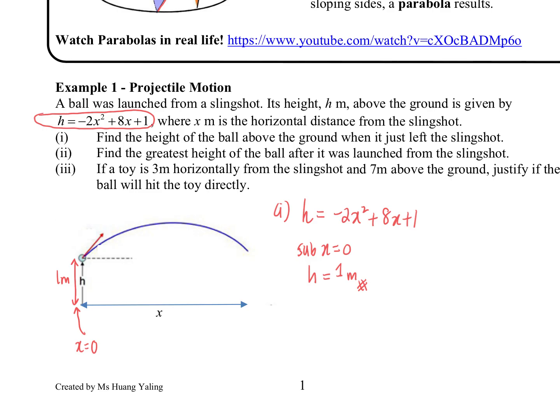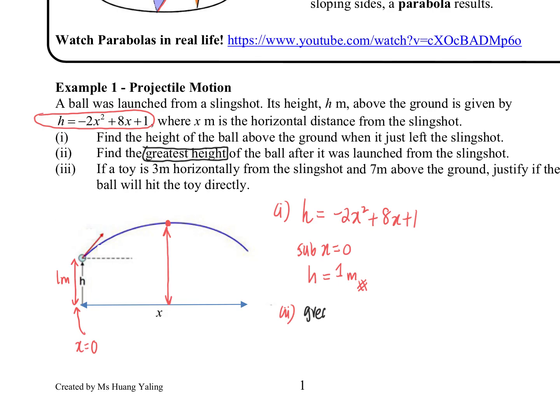Okay, next one. They say, can you find the greatest height of the ball after it is launched from the slingshot? That means I want this point. What is the greatest height of the ball? What do you think I can do? You have learned the concept, but how to apply it here? How to find the greatest height? Greatest height means what?